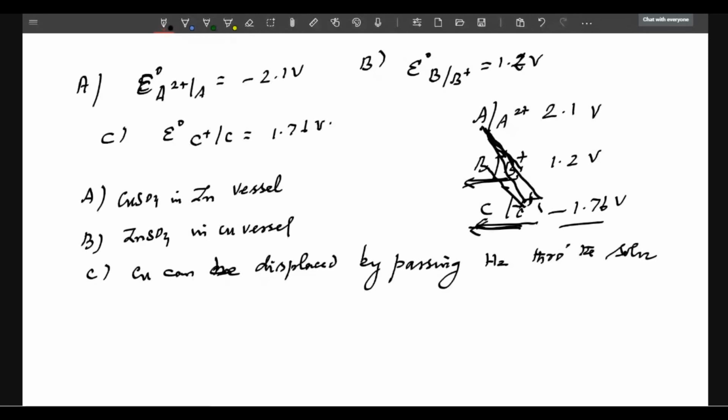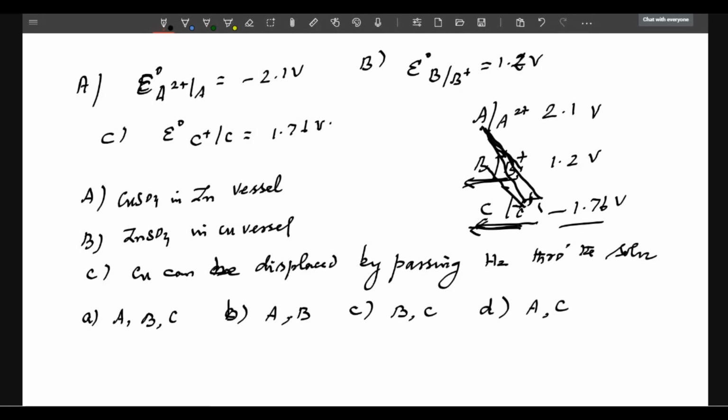Of the above statements, which are correct? Options: A, B, C; A and B; B and C; A and C.